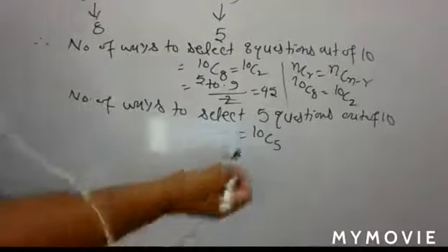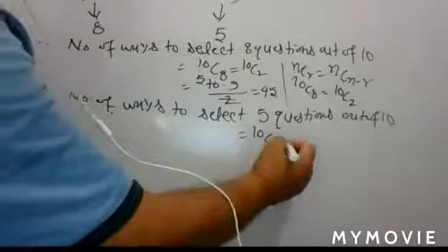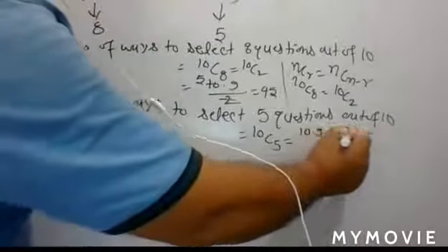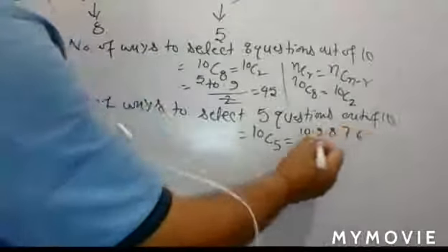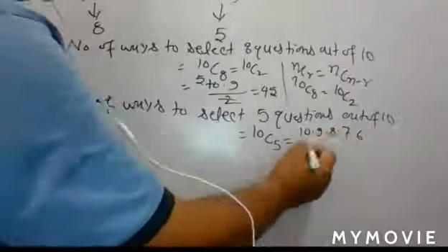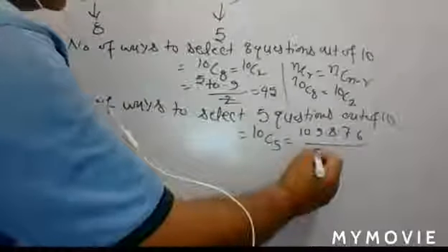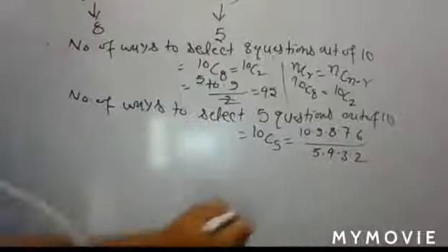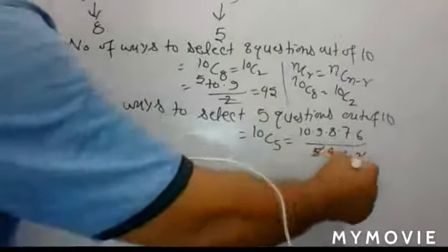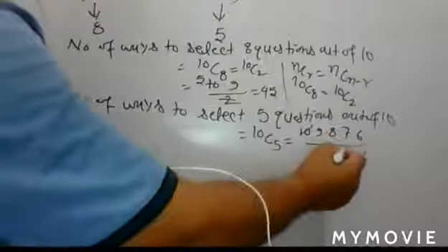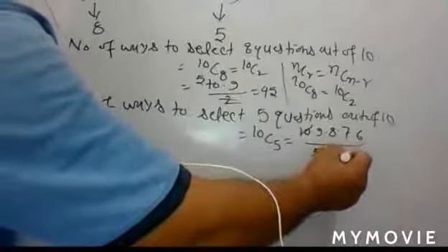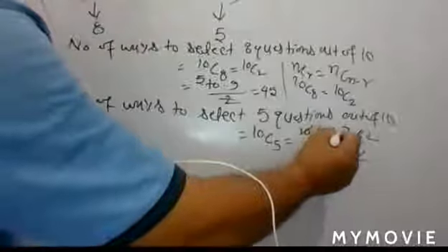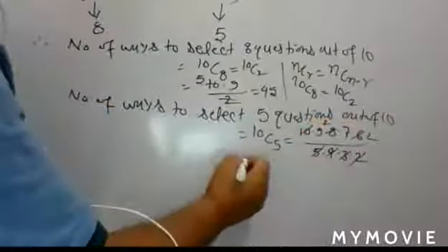Okay, so 10C5 can be written as 10, 9, 8, 7, 6. Check it: 1, 2, 3, 4, 5. Divided by factorial 5, so you write 5, 4, 3 into 2. Now 5 twos are 10, and you cancel this one also. 3 twos are 6, and 4 twos are 8.